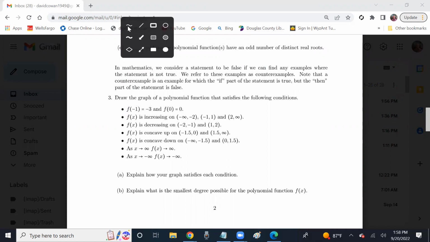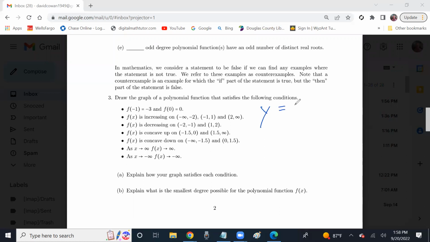Well, if we start with a polynomial that is in standard form, like that, and now we apply these 3 conditions.